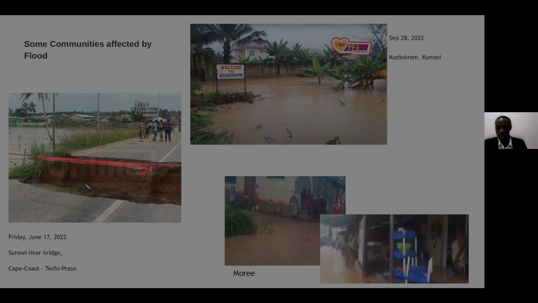There was an incident that happened on Friday, June 17, 2022, where due to heavy rainfall, the Surrey River overflew its banks, and the only bridge that connects Cape Coast and Trefopraso got destroyed as a result of the overflow. Commuters between these two communities had to use alternative routes until repair works were done. So flood occurred not only in Accra but other areas in Ghana as well.